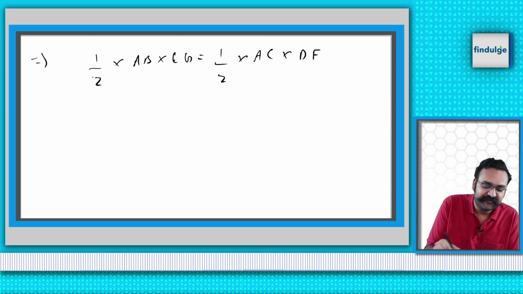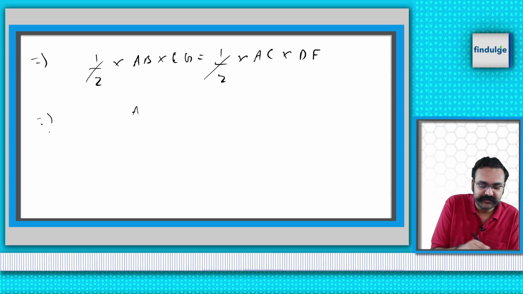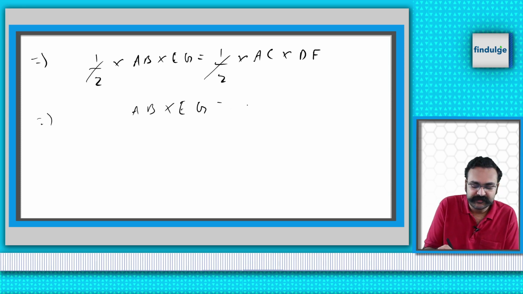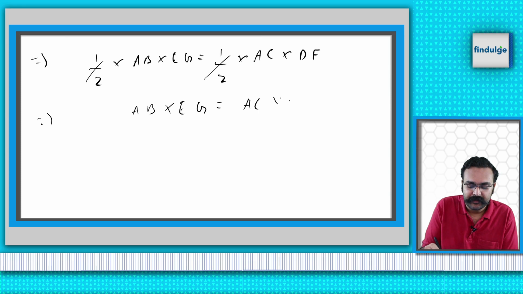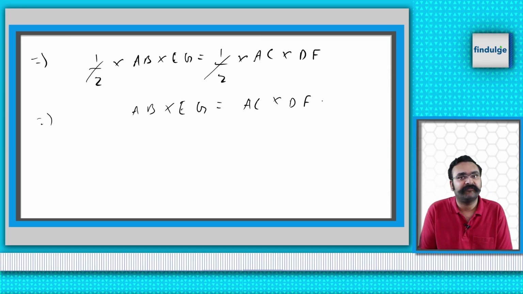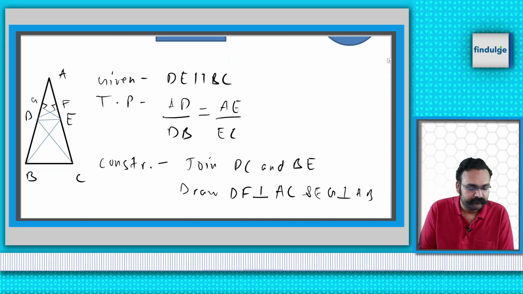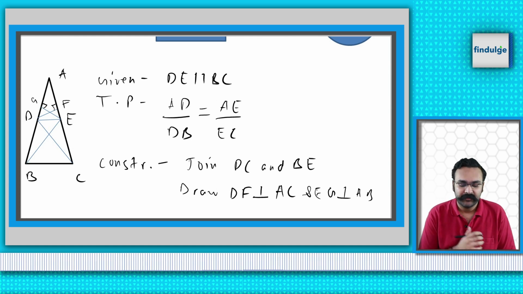Now, obviously half and half will get cancelled and we'll be left with, this implies that AB into EG is equal to AC into DF. So the reason that we have done this is that we will now basically shift certain things around, simplify it, and then from there get our answer.